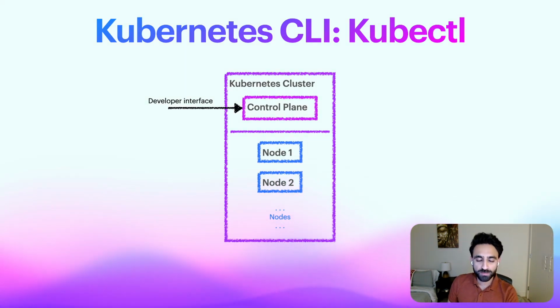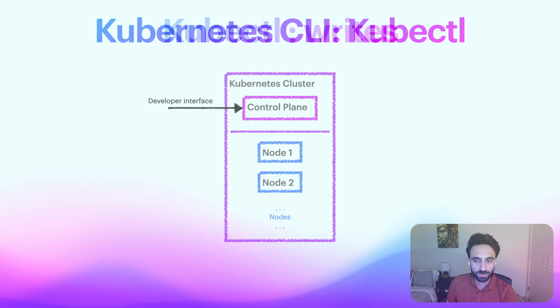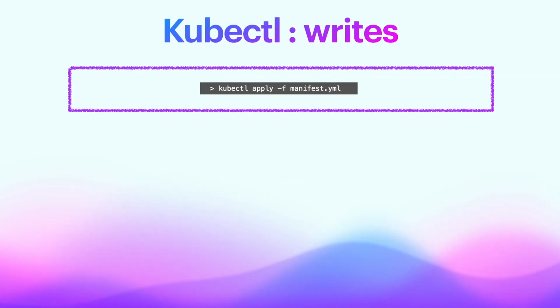Let's look at some useful commands provided by kubectl. You can use kubectl apply -f your manifest file, and this will create or update the object that you have in the manifest.